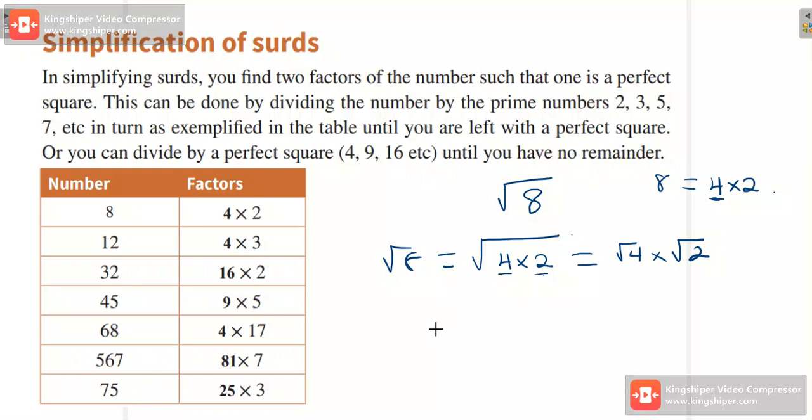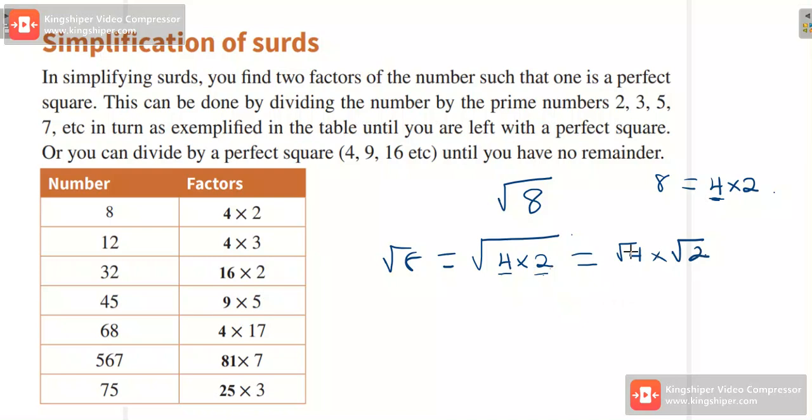And we saw that root of m times root of n can be written as root of mn. So it means that if you have root of mn, you can also write it as root of m times root of n. That is the property we are applying here. Therefore, root of 4 times 2 can be written as root of 4 times root of 2.